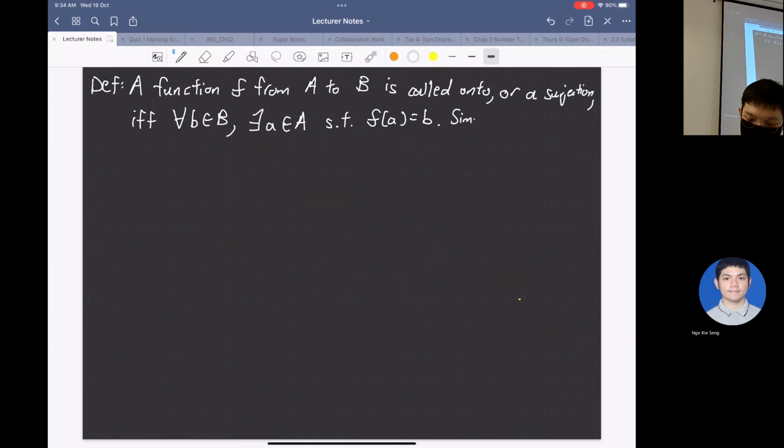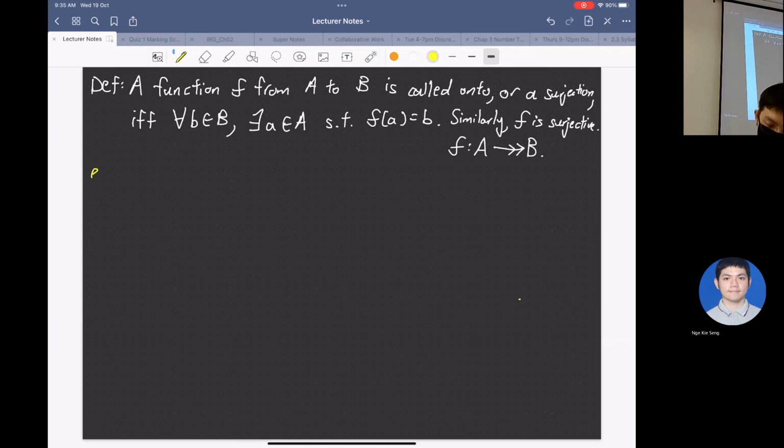We also say f is surjective. The notation is f from A with a double-headed arrow to B to denote surjective.